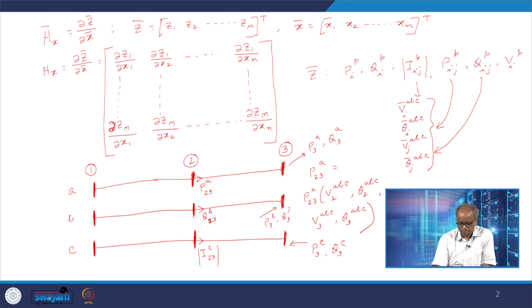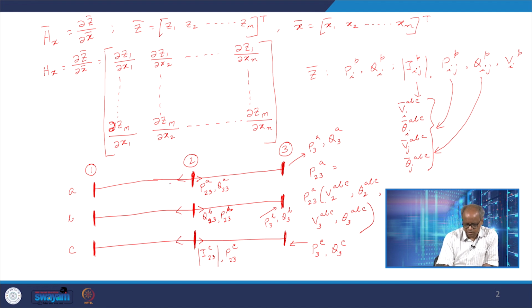So from here I get 6, and here also, for example, P23A, Q23A, P23B, Q23B, P23C, Q23C. So this is 6, this is 6, this is 12, and then from here also I get some other 6 quantities.